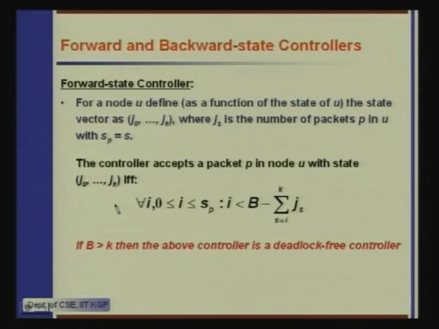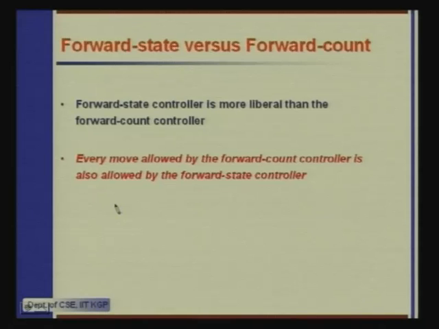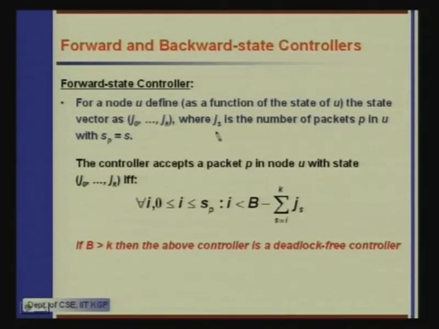Now, before we prove that this is indeed going to be the case, let us first look at this thing, that the forward state controller is more liberal than the forward count controller, okay. What was the forward count controller? We accept a packet if sp is less than fu.